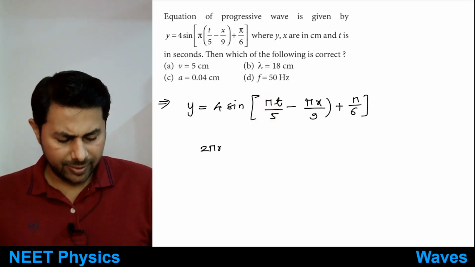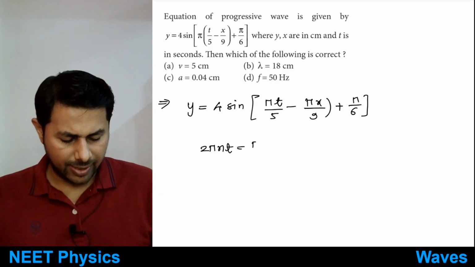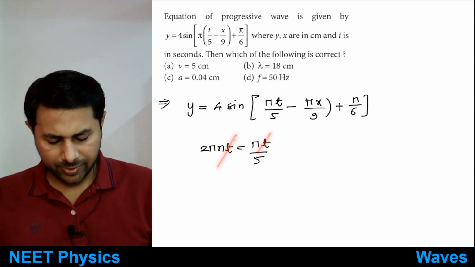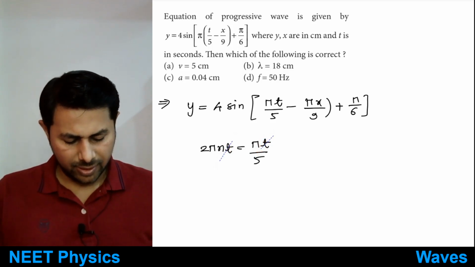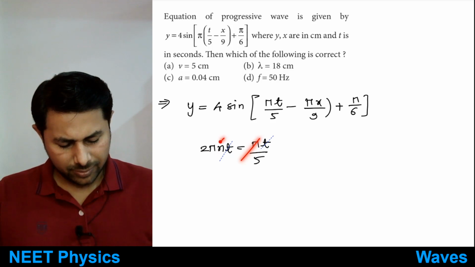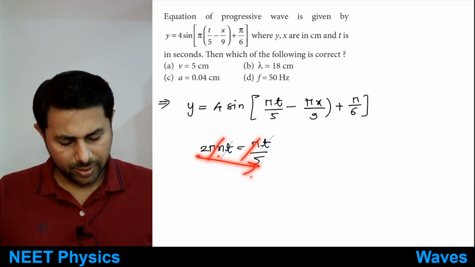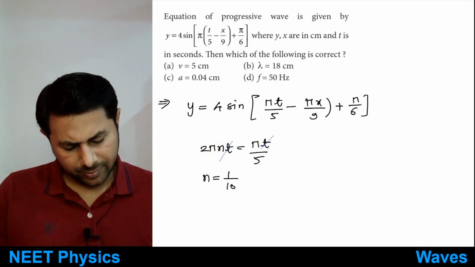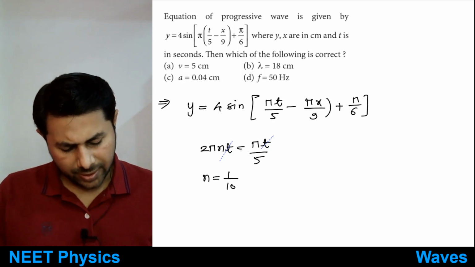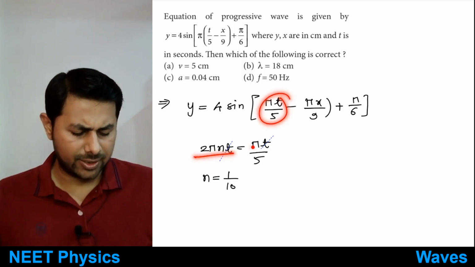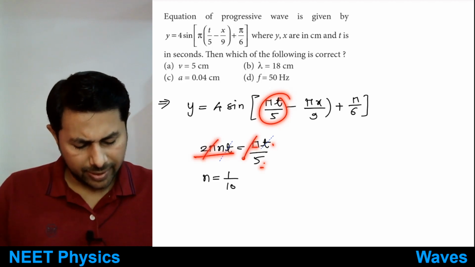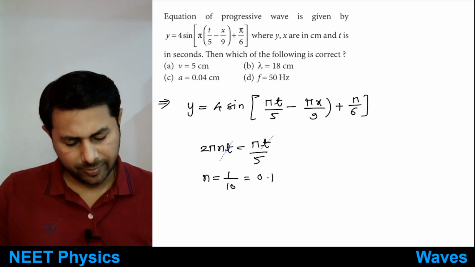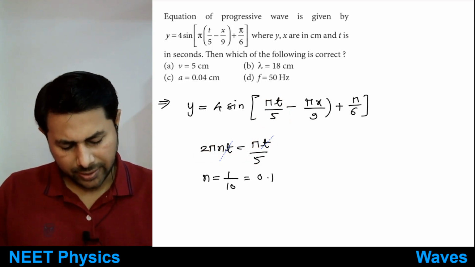So 2 pi nt would be equal to pi t by 5, and then you can cancel out t and pi. So n is equal to 1 by 10. Okay, so frequency is 0.1. Right, so that's also not there.